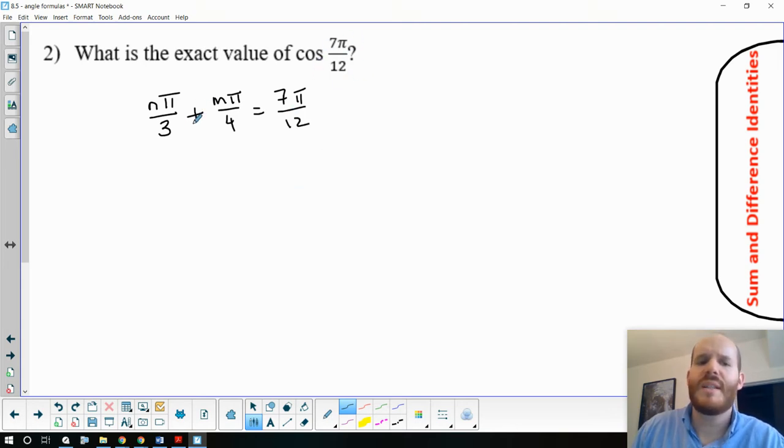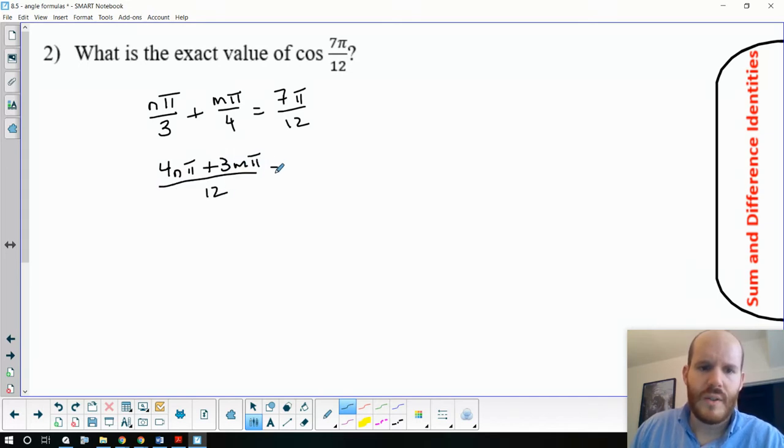This could just as well be a difference. If I wind up with a negative m, then I'll have a difference and I'll use the difference formula. That's why I'm just assuming it's a sum, allowing for that to be negative. So when I combine these, I get 4n pi plus 3m pi all over 12 should give me 7 pi over 12.